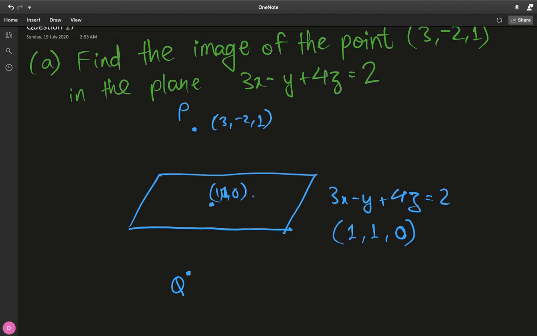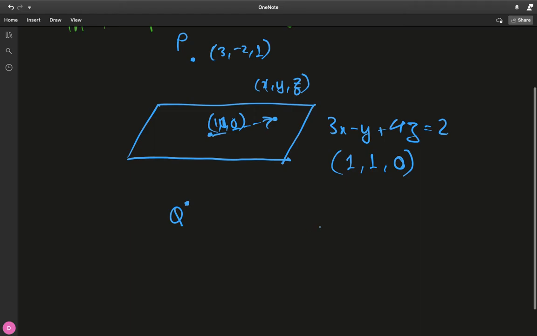And what we're going to do is assign another point, say (x, y, z), that lies on this plane. We're going to make a vector lying on the plane by doing the end minus beginning formula. So we'll have (x minus 1) i cap plus (y minus 1) j cap plus z k cap.